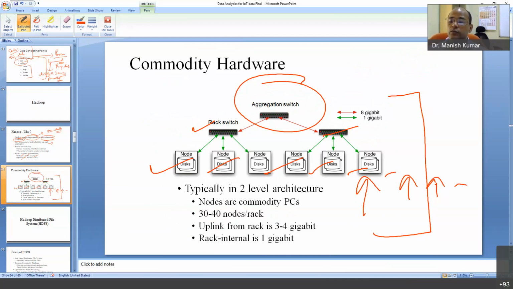As far as nodes are concerned, each rack can take 30 to 40 nodes. It can have a 3 to 4 gigabit uplink, or rack internal can be of 1 gigabit. So it's a very massive environment which can handle massive data.